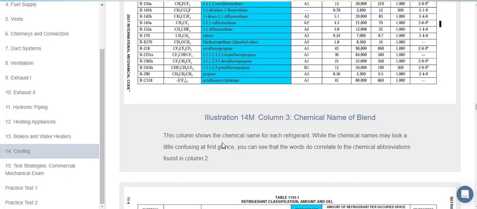This column shows the chemical name of each refrigerant. While the chemical name may look a little confusing at first glance, you can see that the words do correlate to the chemical abbreviation found in column 2.